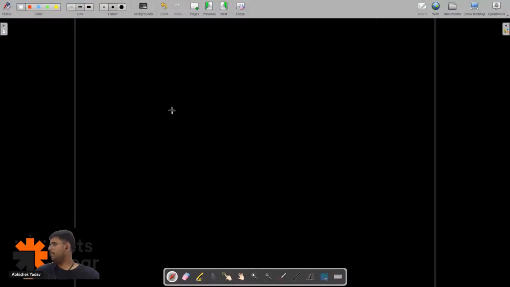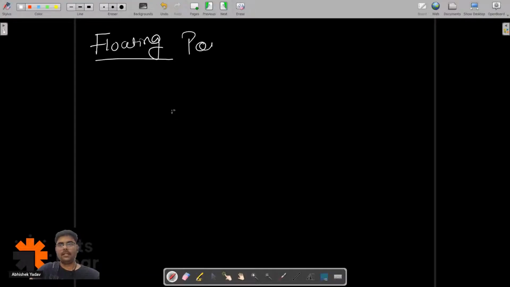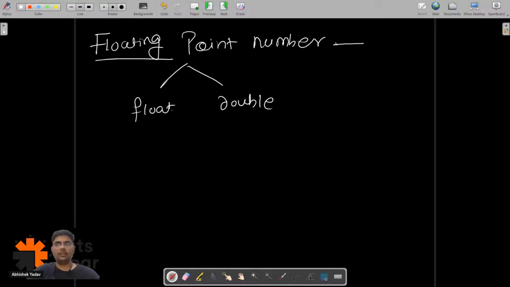So the next format is what? We have the float and double. So if I have to store a floating point number, then we can use float or double here. Floating point number, what?